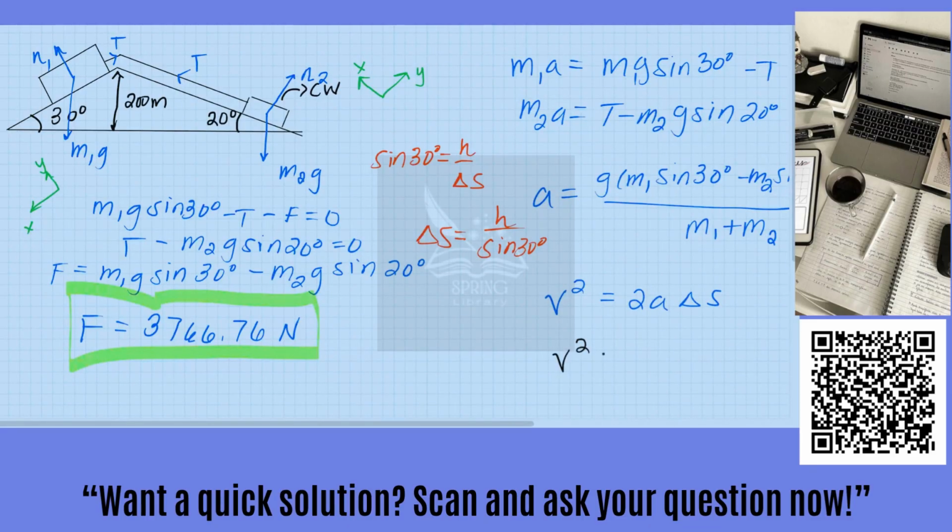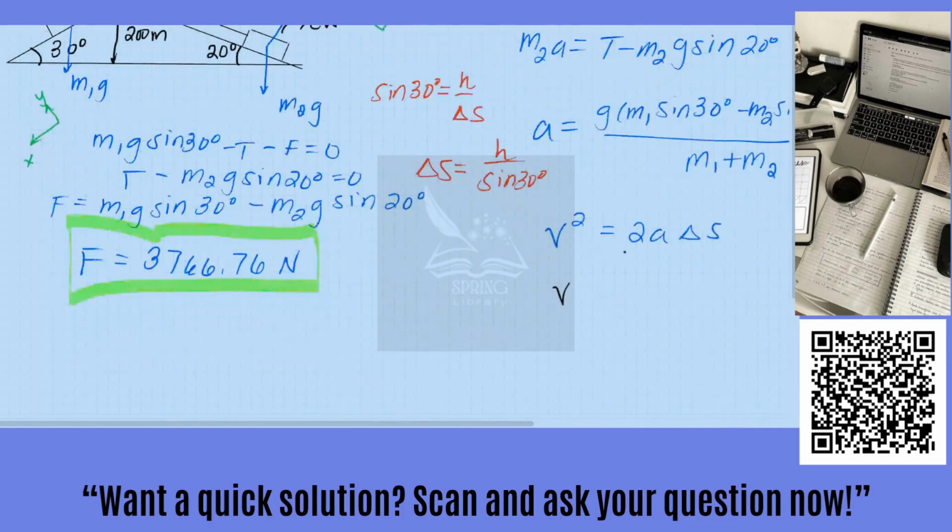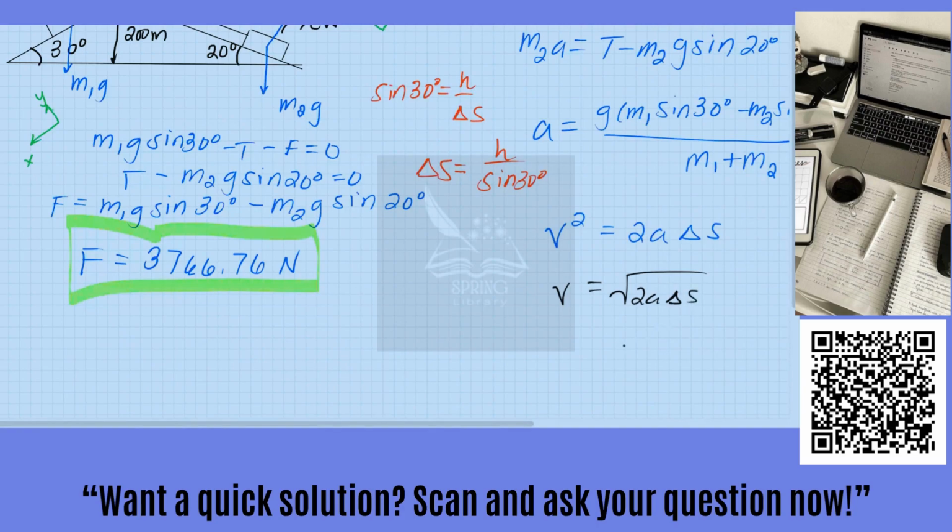So we have all of the information to solve for the velocity. So this is the square root of 2a delta S, which is 28.17 meters per second.